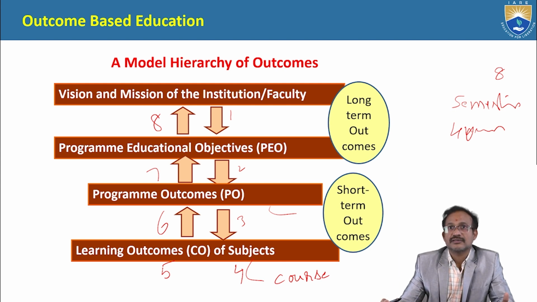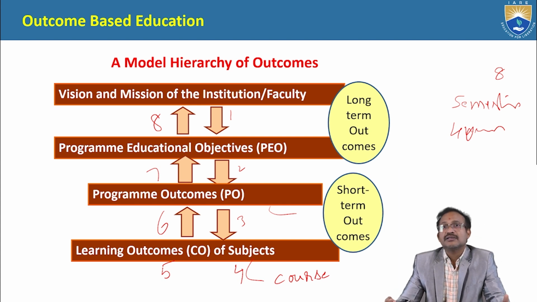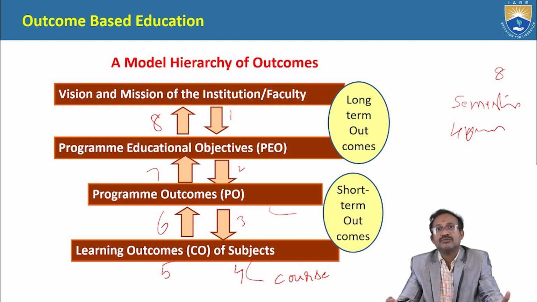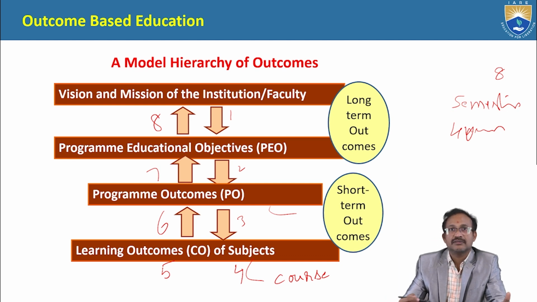Courses will be taught by the teachers. At the end of the semester, these courses will be examined, and some continuous internal evaluation must also be there. The students will have to answer questions so that they are assessed.